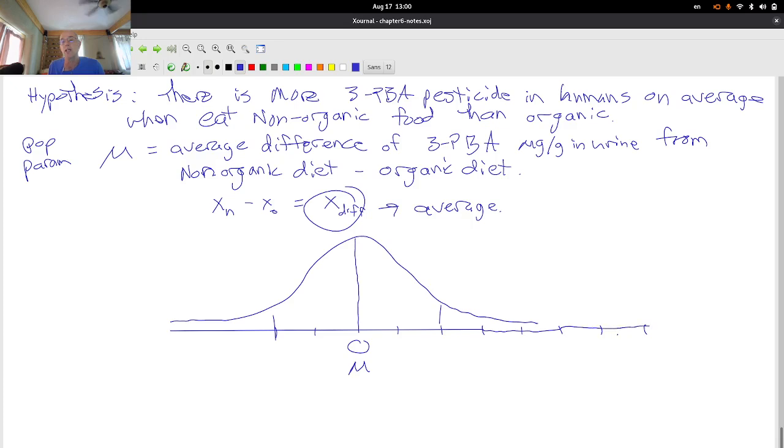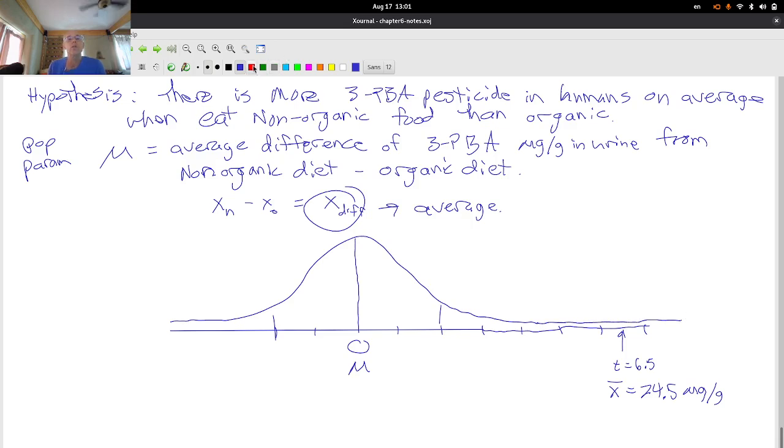So I am finding a t-score of about 6.5, and that goes along with my average from my data, which was a mean difference of 24.5. That was those micrograms per gram of the chemical in the urine. Way out there.